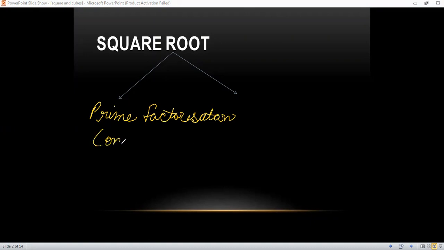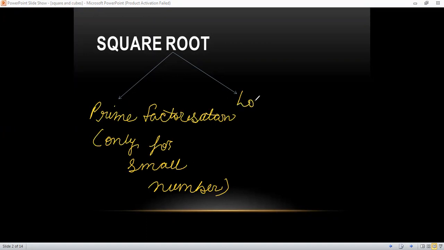This is only for small numbers. But for large numbers, we use the long division method. This is for large numbers.